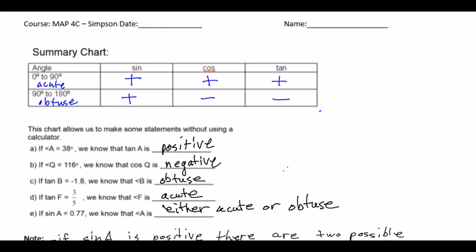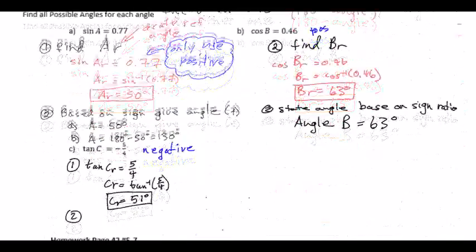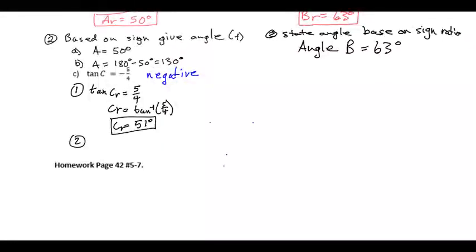So we're going to have to take our reference angle and subtract it from 180 to get the appropriate angle. So C is equal to 180 minus 51 degrees, and our final answer is 129 degrees.